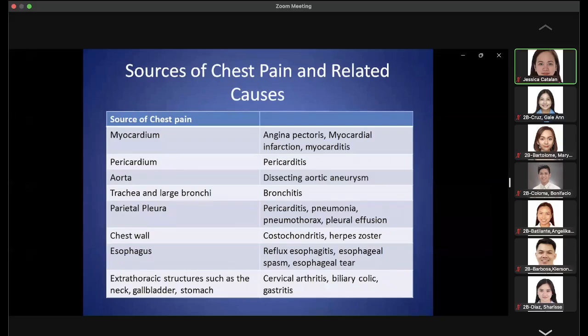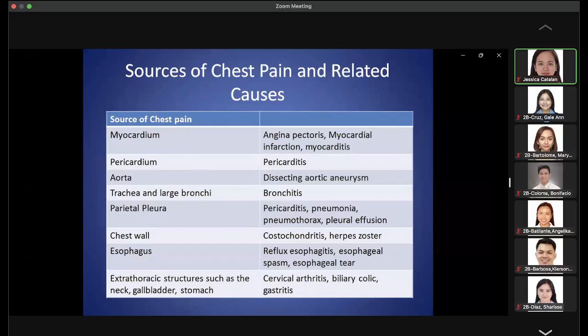There are many sources of chest pain, as well as related causes. The most common of which is the myocardium. So you can have differential diagnoses such as angina pectoris, myocardial infarction or heart attack, and myocarditis. Once the pericardium is involved, you can have pericarditis.